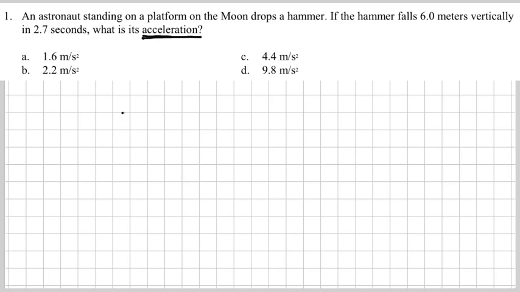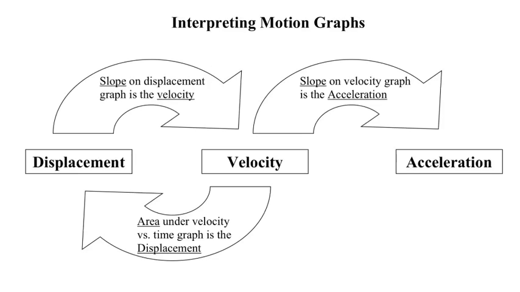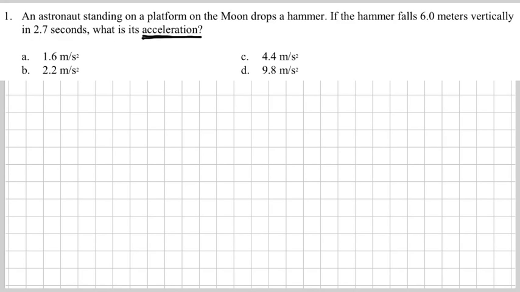Okay? So to find acceleration, we should look at this sheet and find out how we might find acceleration from a graph. And if you notice, the only graph where you're going to find acceleration is from the velocity versus time graph. The slope on the velocity versus time graph will give us the acceleration. So if we construct the velocity versus time graph, we can find the slope on that, and that would give us our answer.